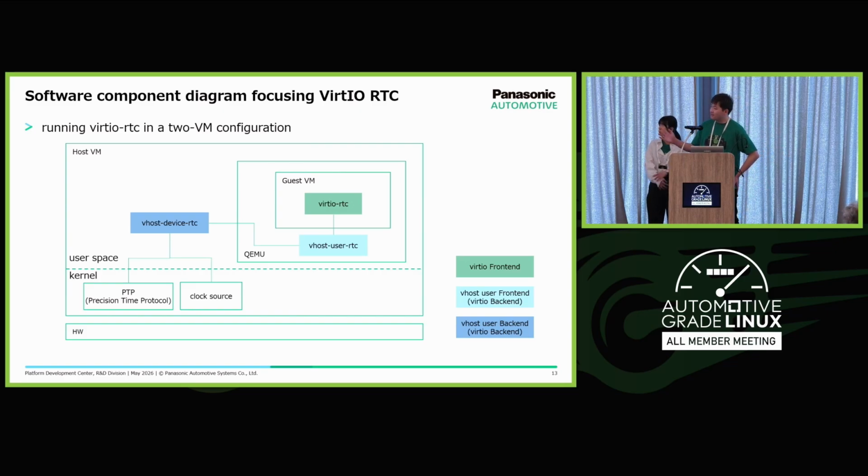So this VirtIO-rtc basically provides the PTP for the kernel, and the application usually uses the PTP timer or arch timer to get some time. So in the ADAS domain, it is critical to get the correct time.